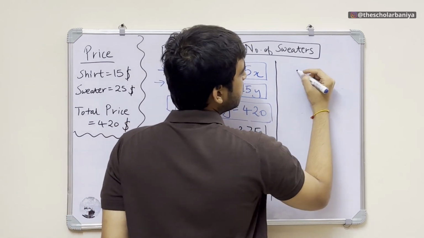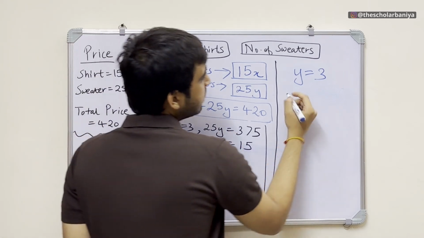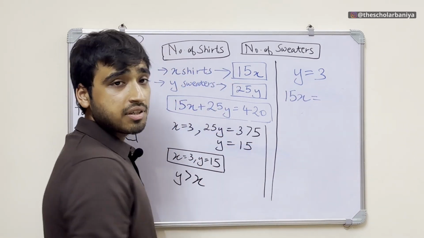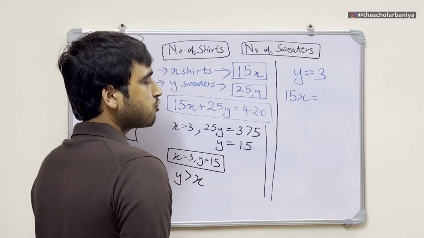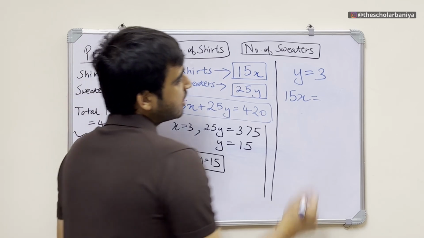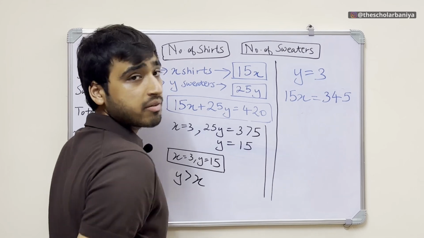Now let's try Y equals 3. If you take Y equals 3, then 15X equals 420 minus 25 times 3, which is 75. And 420 minus 75 comes out to be 345. Is 345 divisible by 15?